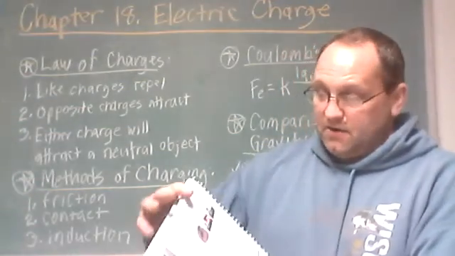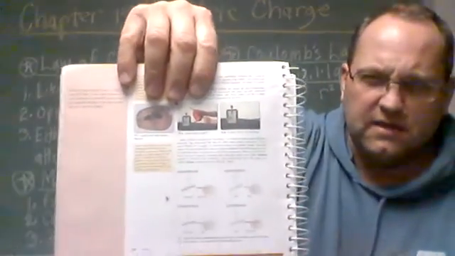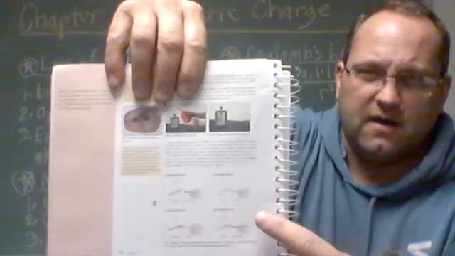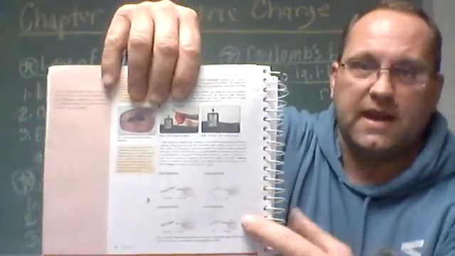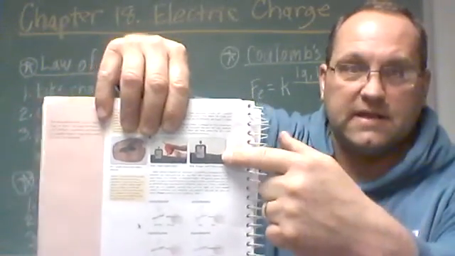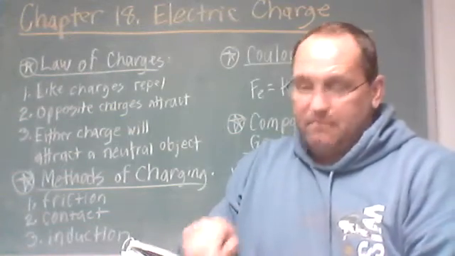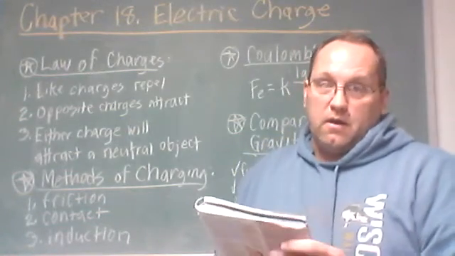They mention in here on page 398 in your textbooks these methods for charging rods, and then they also have this electroscope, and that's actually the one we're going to be using in your lab. We have that box-shaped electroscope in our lab equipment.